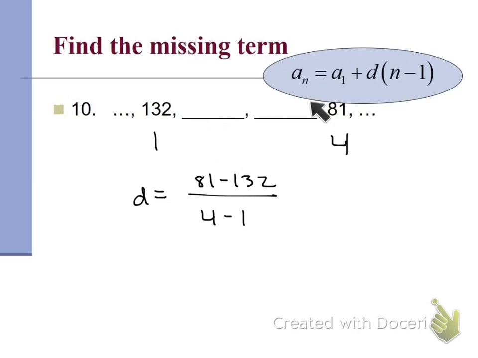Does everybody see how I'm making that like a slope formula? This is 1 comma 132. This is 4 comma 81. Isn't slope y minus y over x minus x? So guys, find that difference for me. It's going to be a negative value, obviously. Negative 17, right on the money, Ethan? So if d is negative 17, I then can take 132 minus 17.